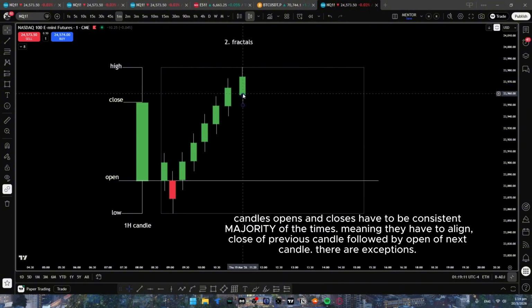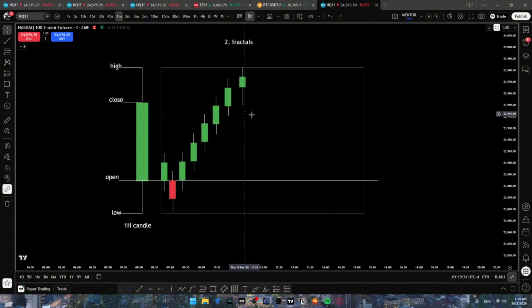So that right here means I have to make that open right here. But this candle's weird. It looks ugly, but it's okay.